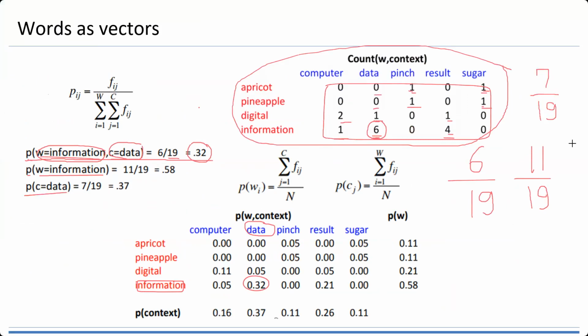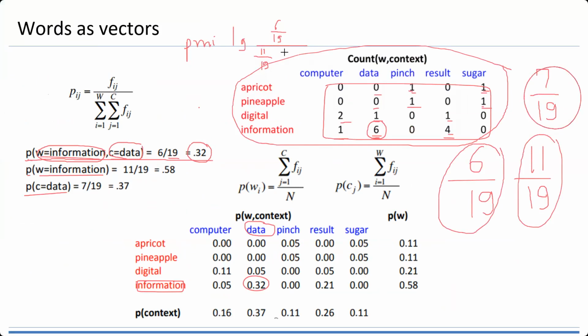Okay. So after this one, we can calculate the PMI. What is the PMI? The PMI is log of the 6 divided by 19 divided by the probability of the word information, which is 11 divided by 19, multiplied by the probability of the data, right?